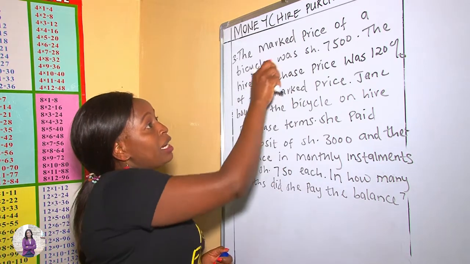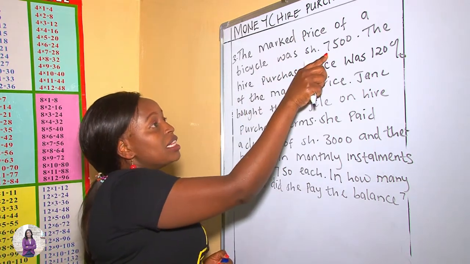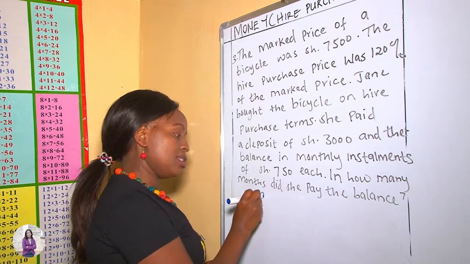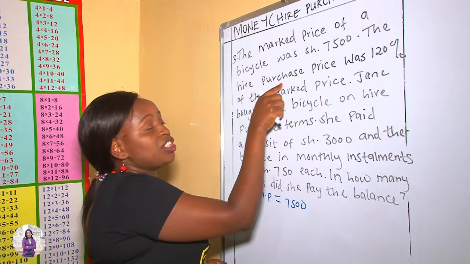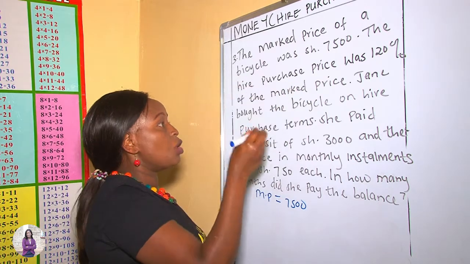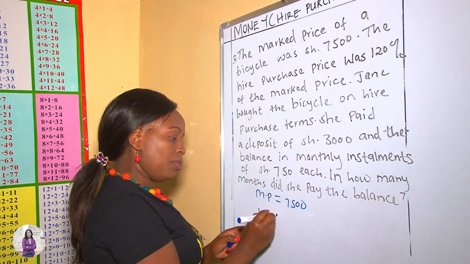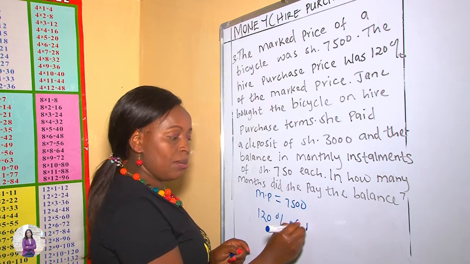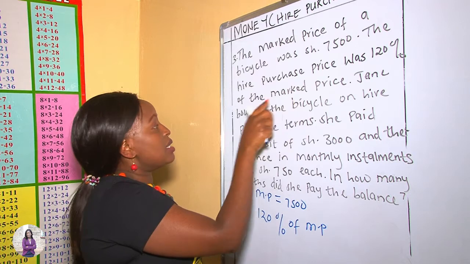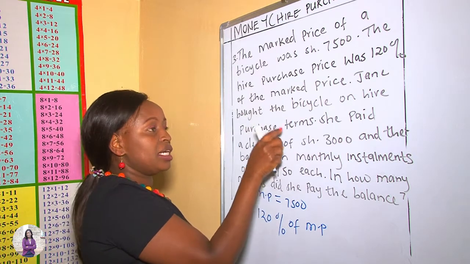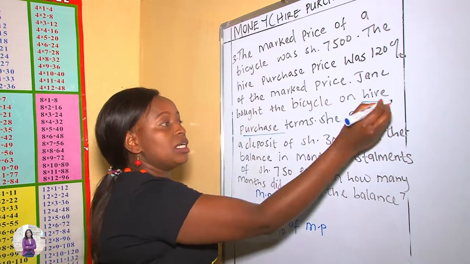So you're told that the marked price of a bicycle was 7,500. So the marked price is equal to 7,500. The hire purchase price was 120% of the marked price. Jane bought the bicycle on hire purchase terms.